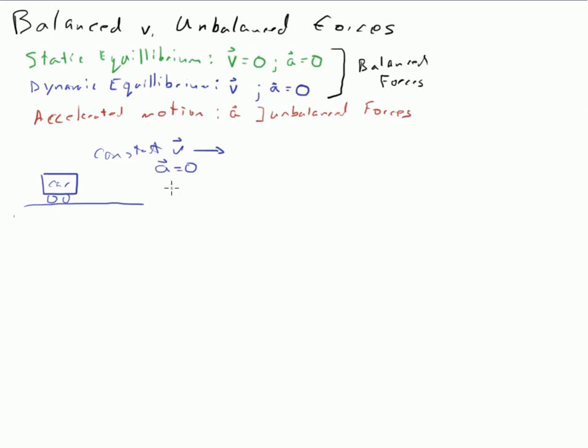This is going to be, again, dynamic equilibrium, balanced forces. So if we want to look at the forces, again, we come back to the weight pulling on it. We have the normal force of the ground pushing up on the car. So that's going to be the road pushing up on it.